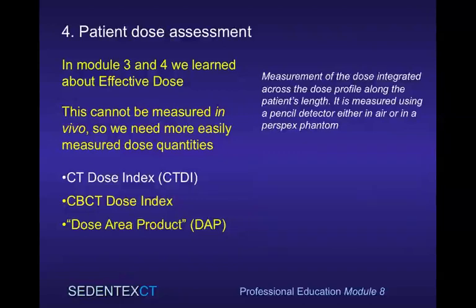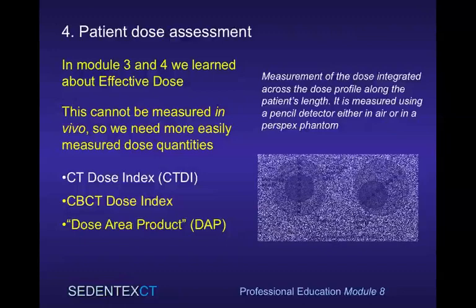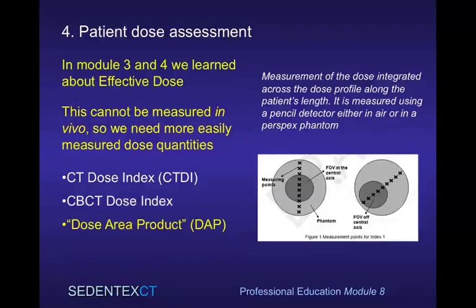As part of the Sydentex CT project, an attempt was made to devise a CBCT dose index that was analogous to CTDI. And it is possible to devise a method such as this, taken from the quality control manual included in the Sydentex CT guidelines, in order to use a dose index for cone beam CT.